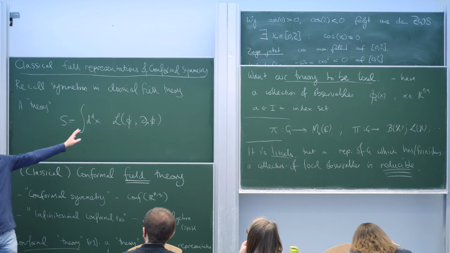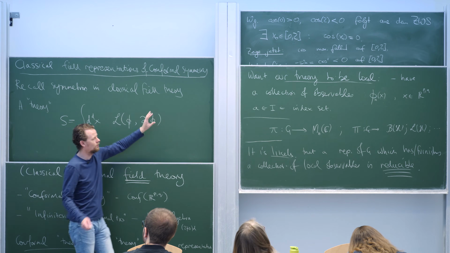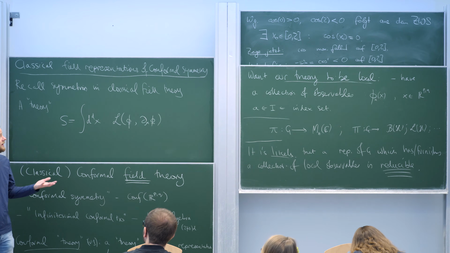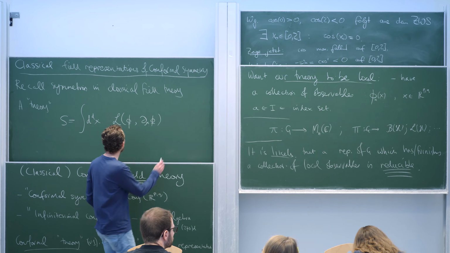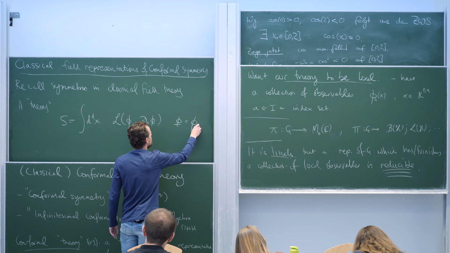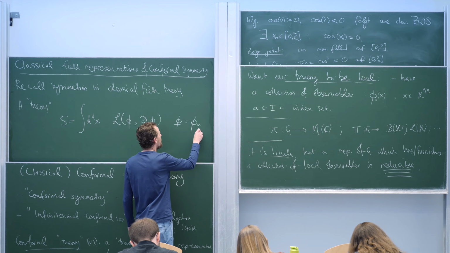Even there, that's still a lot of field theories. But we've thrown out, with this line, all non-local theories. We've even thrown out theories with dependence on second-order derivatives. So just a warning there. And phi underline means you've got a bunch of fields labeled by some index set.